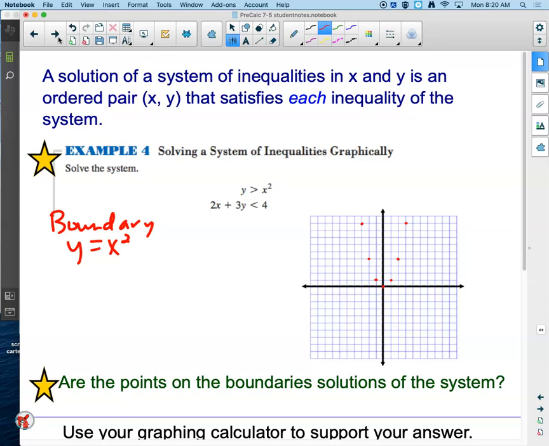Dashed or solid for that one? No equals bar this time. And again, you could throw in a 0, 0, but that's not going to help you much because 0, 0 is actually on this parabola. So maybe something like 0, 1.